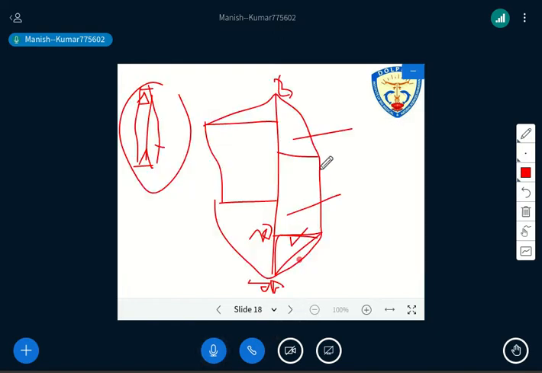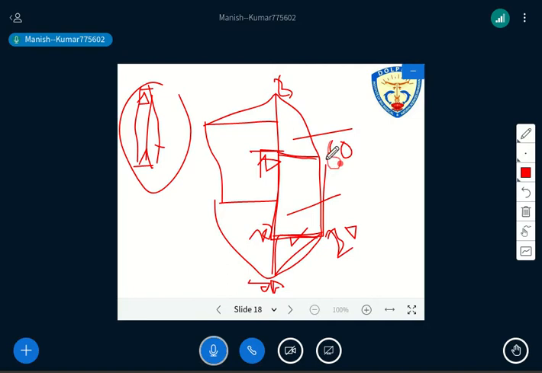Fine. Now you come to this figure. For example, this point is 70, and this is 30. And for example, this is 60. Just take an example.